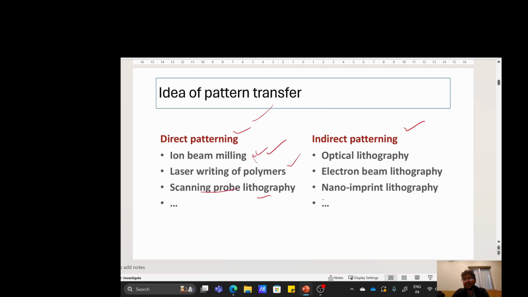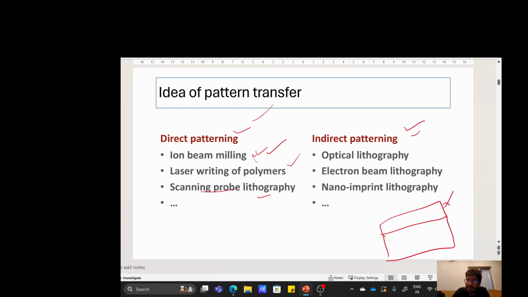And in indirect patterning, there is your substrate, and we coat one more layer over that. So this is SiO2, and this is photoresist. Photoresist has the property of changing its properties when we shine light of a particular wavelength with a certain amount of energy.